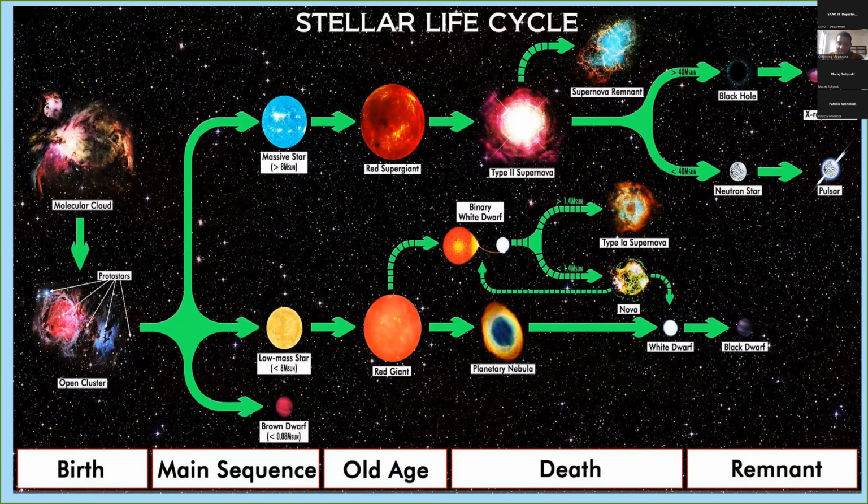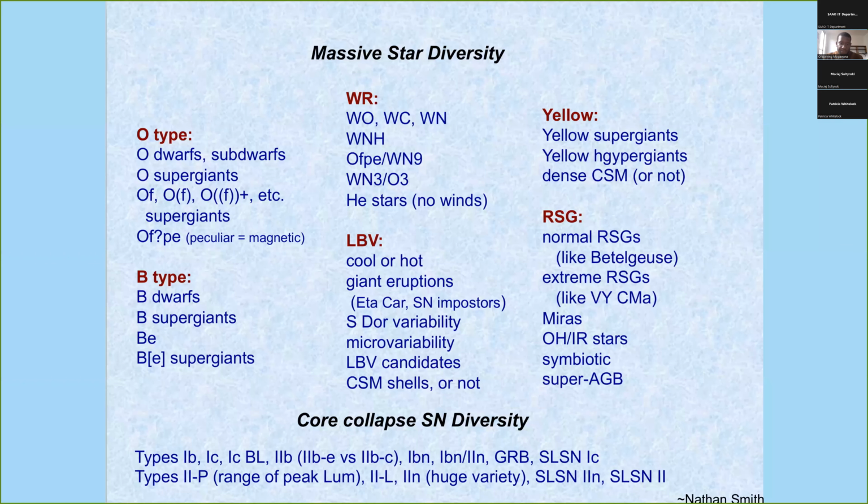In case you are wondering what that diversity is like, this is a grouping of different stars, at least at the massive end of the cut: O-type stars, B-type stars, yellow supergiants, red supergiants, Wolf-Rayets and LBVs, luminous blue variables.